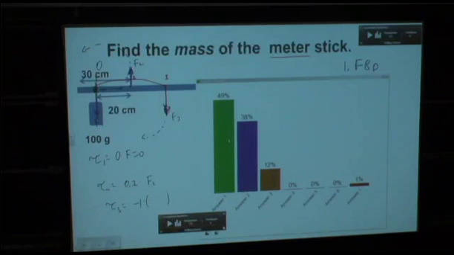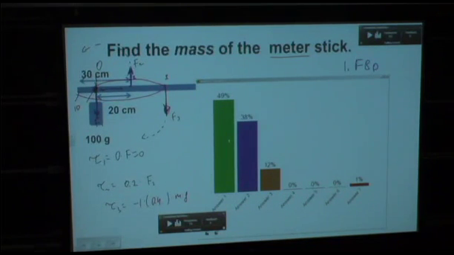The force of gravity should be applied to the center of mass of that meter stick. For a uniform object, it's right in the middle. So this distance is 50, and this remaining part is 10, 30 minus 20. So 50 minus 10 is 40, or 0.4. And now that should be equal to the mass of this meter stick, which we are looking for, times g.